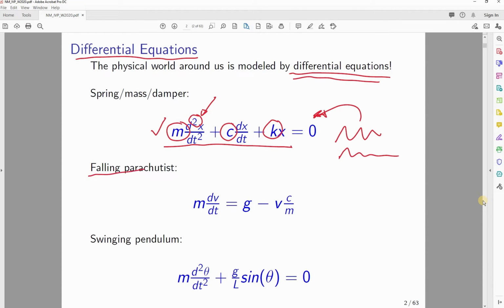A falling parachutist, okay, is only going to have one degree, or the first order. Okay, and of course you can probably recognize a lot of these things from before. We have the mass of the parachutist, we have the gravitational constant right here, and of course we have the velocity. Okay, that's going to be the dimension of interest that we have.